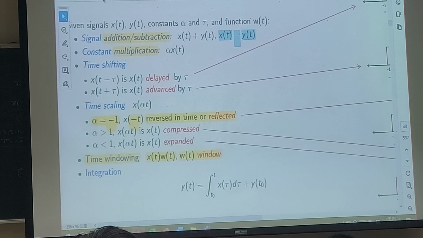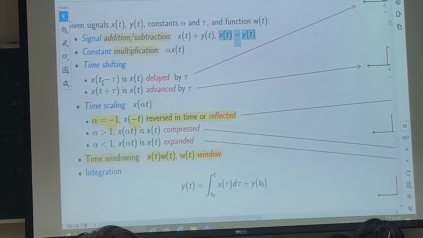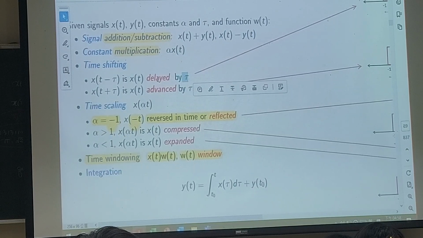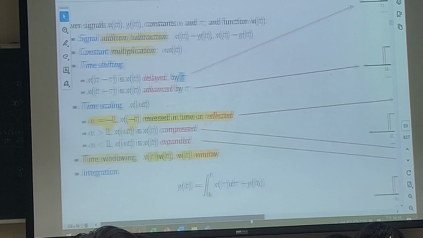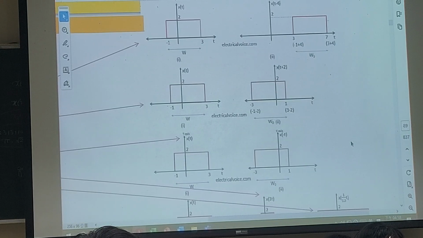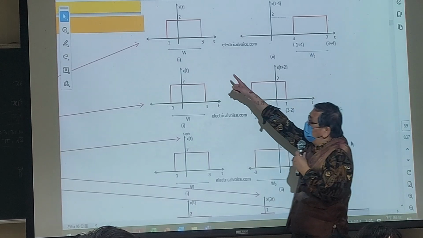If I have a function x of t, then I delay x of t by, say, tau seconds. What do I mean by that? Look at the figure here. We have x of t, the red line.